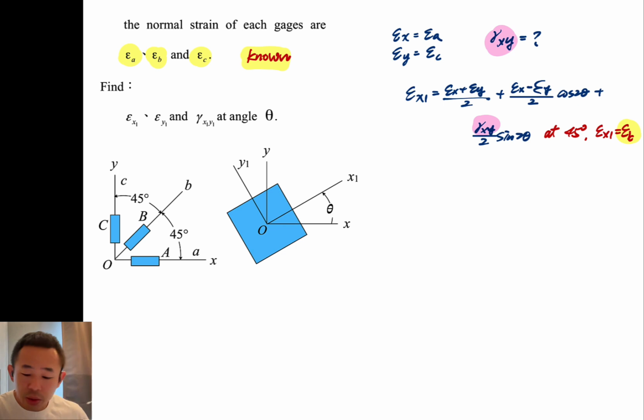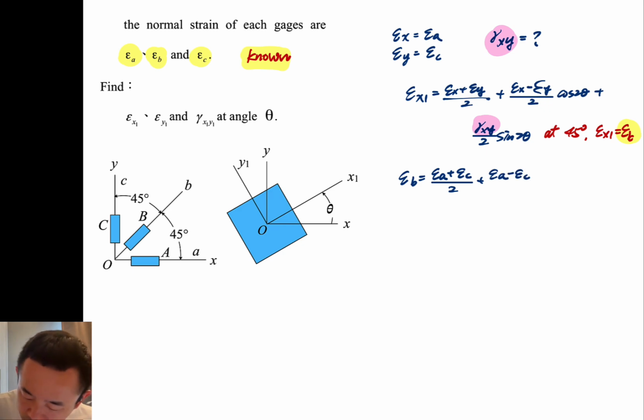So all we need to do is write down epsilon b equal to epsilon a plus epsilon c divided by 2, and plus epsilon a minus epsilon c divided by 2 and cosine 90 degrees, because this is 45 degrees, 45 degrees times 2, right?